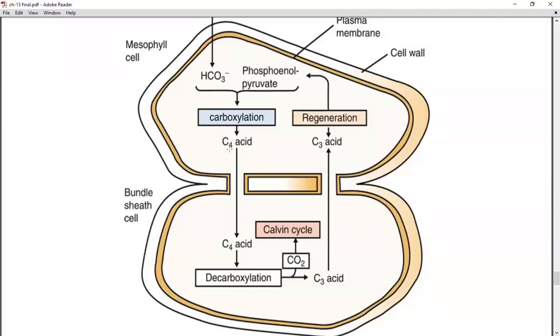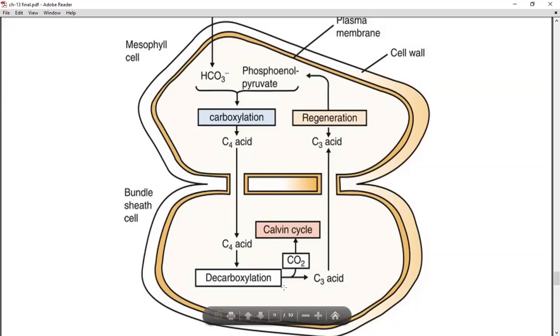Now this C4 acid, oxaloacetic acid, enters the bundle sheath cell from the mesophyll cell. Once in the bundle sheath cells, decarboxylation takes place, and there is splitting of the carbon molecules. 1 carbon dioxide is released, and the 3-carbon compound forms C3 acid, which is going to regenerate the phosphoenol pyruvate.